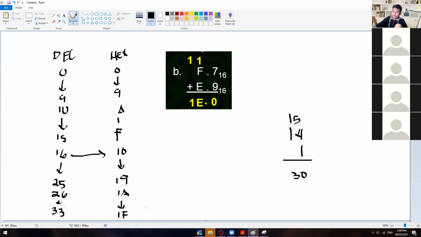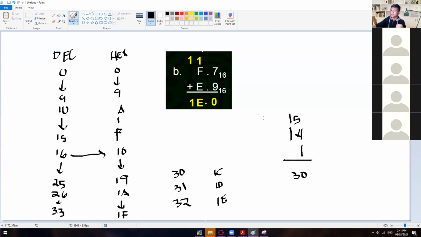So of course, the 1E is 32. A, B, C, D. 1D is 31. 1C is 30, and so on and so forth. It's between 26 to 33, and then 1A to 1F.